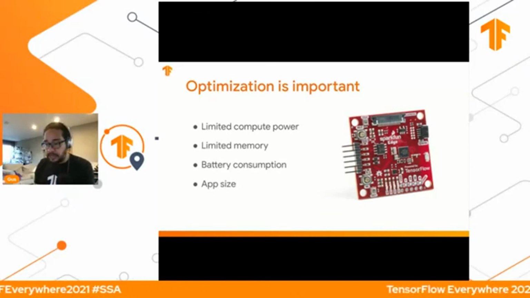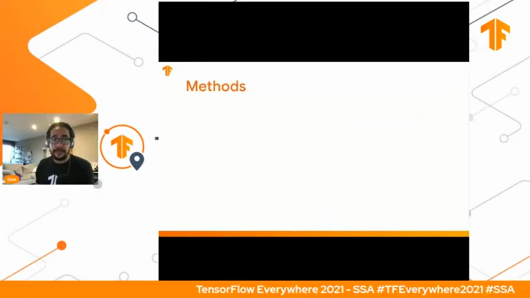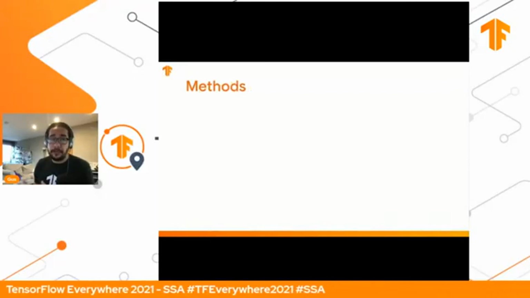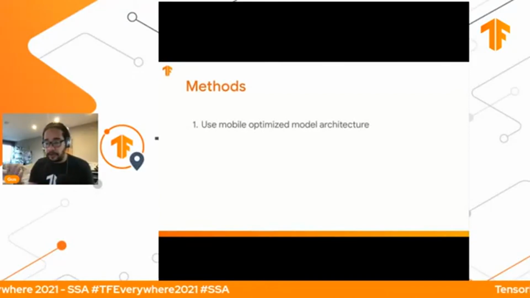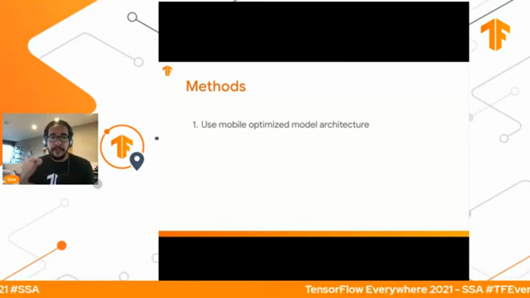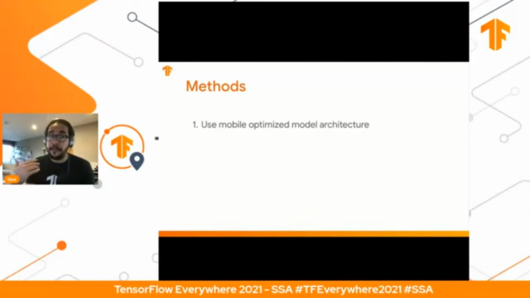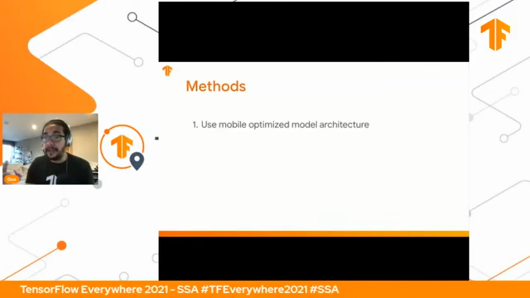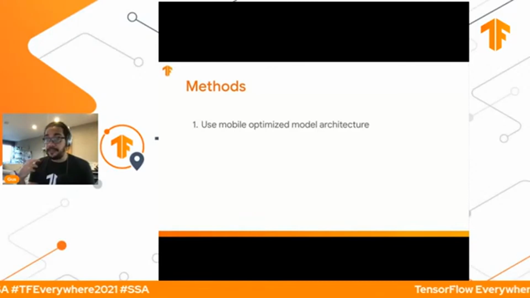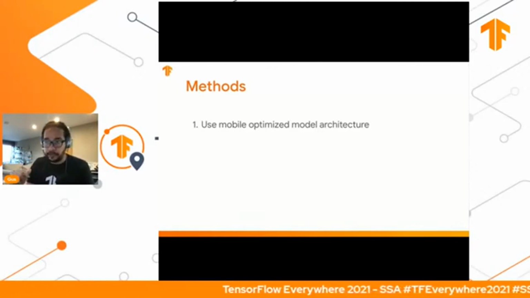So how can we address these constraints with our models? First of all, there are some things we can try to do here. Let's go one by one. When we deploy a model on an edge device, on a phone, you should use one model that's optimized for mobile architecture. So you don't use a model that's optimized for a server. You use a model that's optimized for a phone, for a Coral device, for a microcontroller.